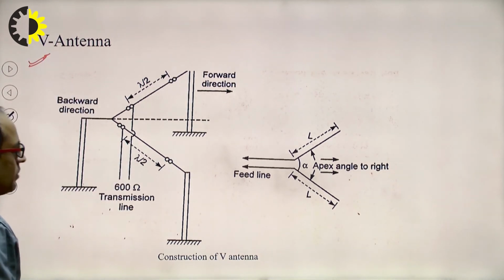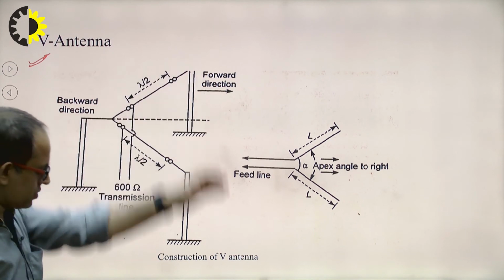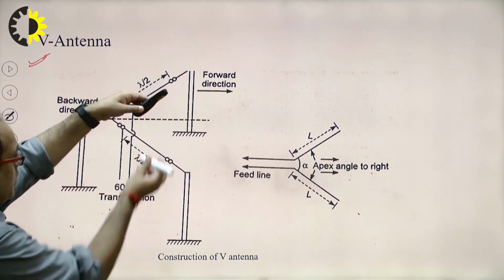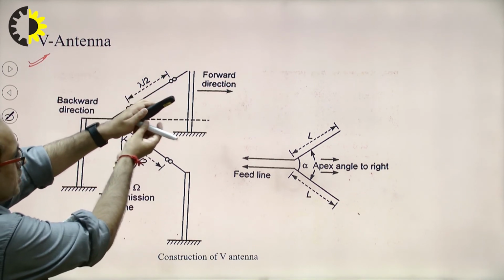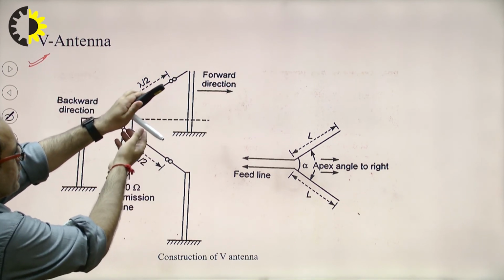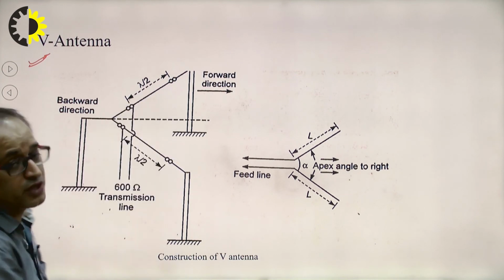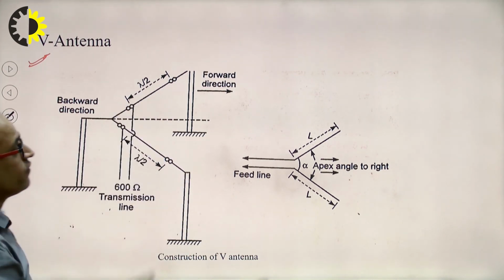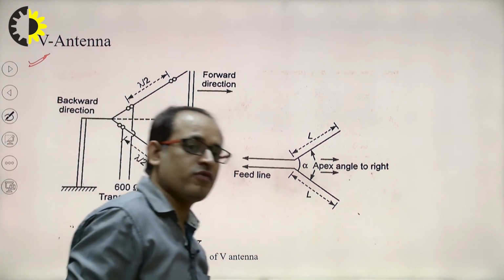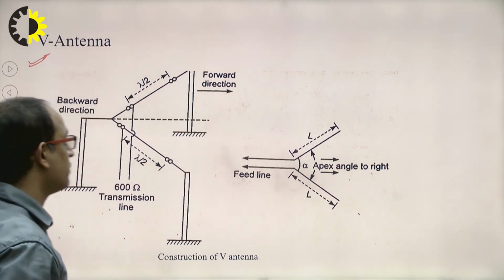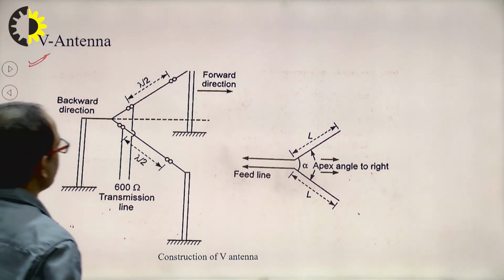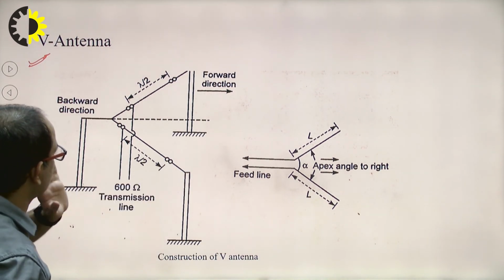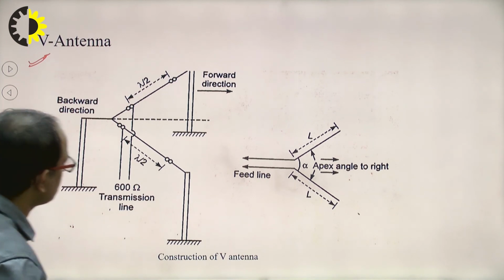The V antenna is the first long wire antenna. If I say this one is a long wire antenna and another one is also a long wire antenna, these are arranged in such a way that they form a V shape, and the angle between these two will determine the overall radiation pattern of the V antenna. Clear? Now as you see, there is no terminal impedance matching. Is there any terminal impedance matching?